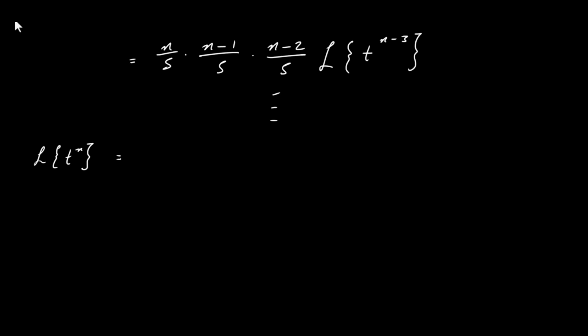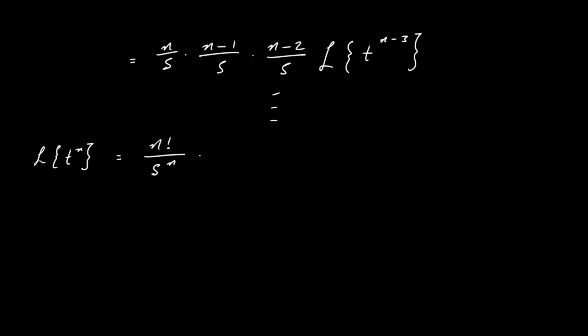Here we would have 3 times 2 times 1, or 3 times 3 minus 1, which is 2, times 3 minus 2, which is 1, which is really just 3 factorial. So really on the top line, our numerator will just be n factorial. And then because we have 3 of these, if n was equal to 3, that would be s to the power of 3. So in other words, we would end up with s to the power of n here.